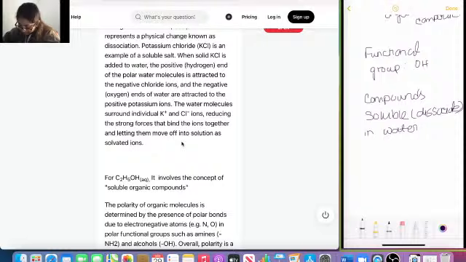They're gonna have some sort of proton. So let's say OH, OHs basically, and NH2s. All your functional groups, so for example those.